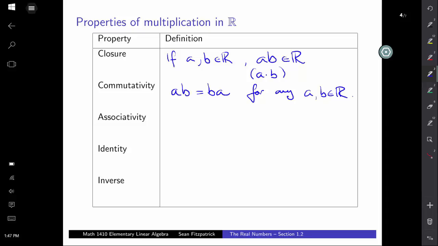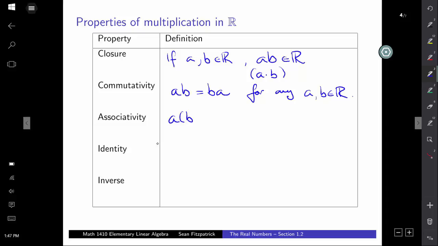This is something that we expect to always happen because we're just used to it from working with numbers since elementary school. One thing that we are going to see later in the course is that actually commutativity is not a universal property. There are other algebras, in particular when we get to the algebra of matrices, we'll see that sometimes order of multiplication can matter. It doesn't matter for real numbers, but it will matter for matrices. We'll see that later on.